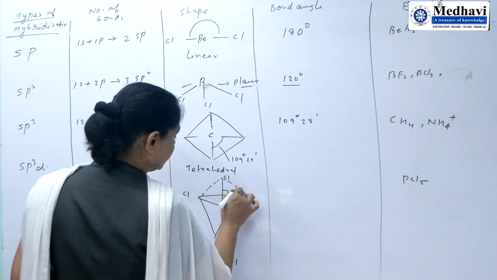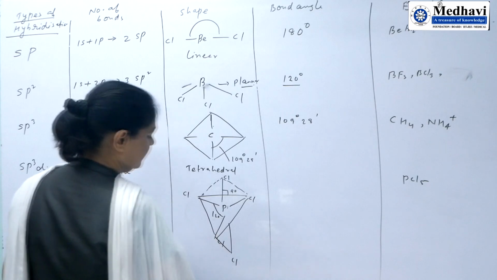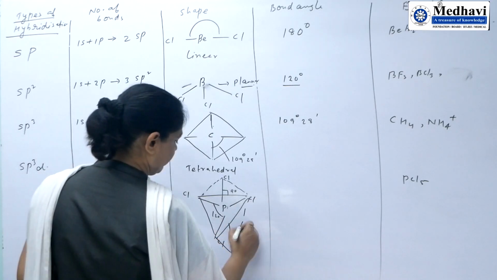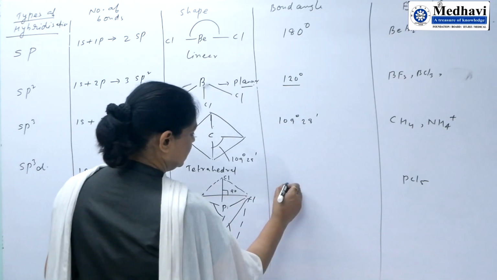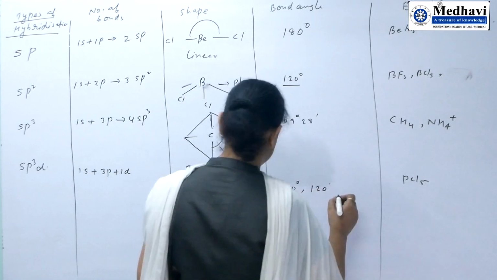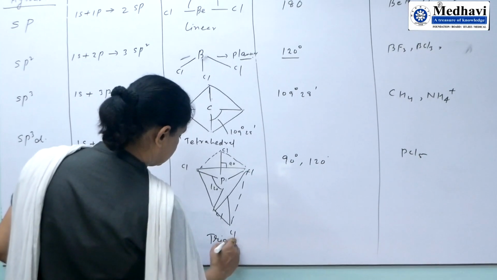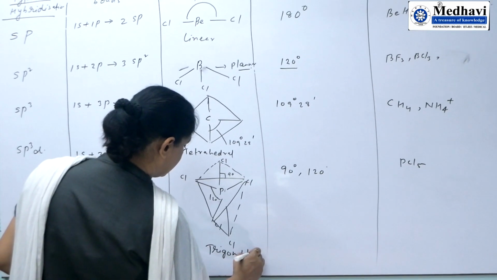This bond is 90 degrees and this bond is 120 degrees. There are two types of bond angle and its shape is trigonal bipyramid.